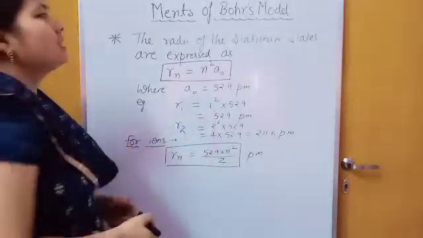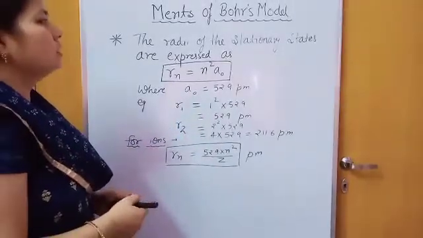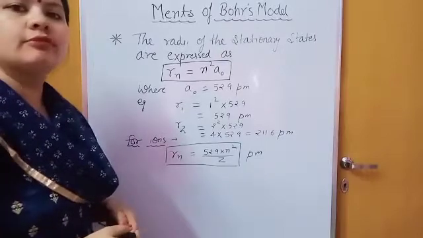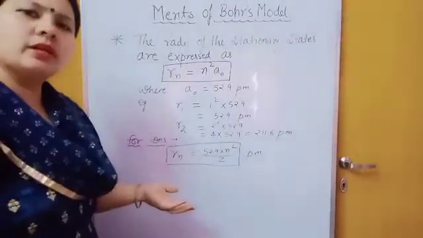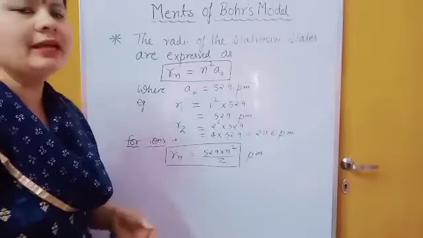Now this theory helps in calculating the radius of different orbits. But again, this is valid for hydrogen and hydrogen-like atoms.